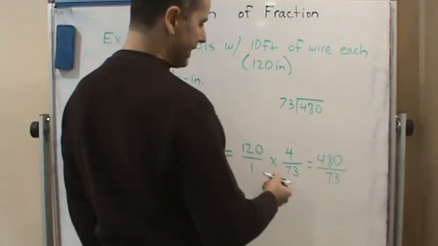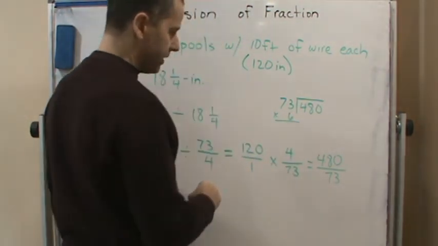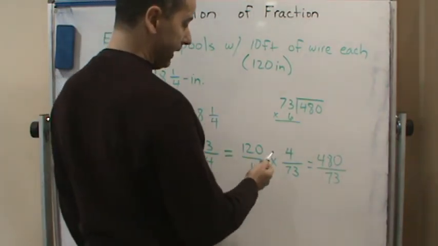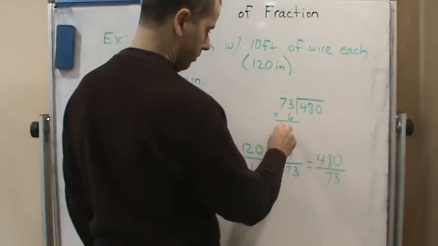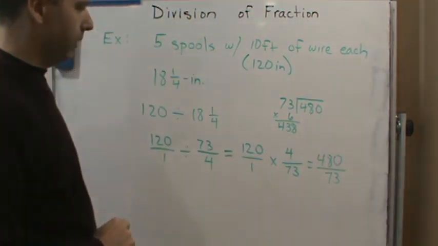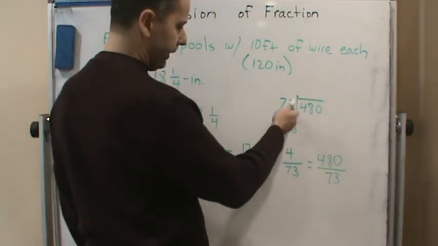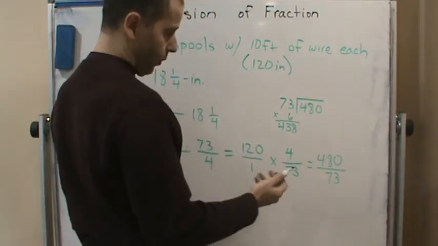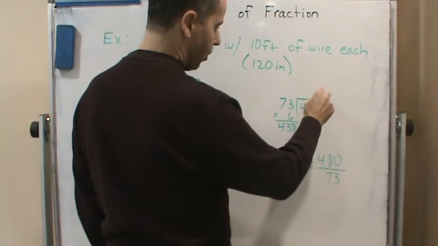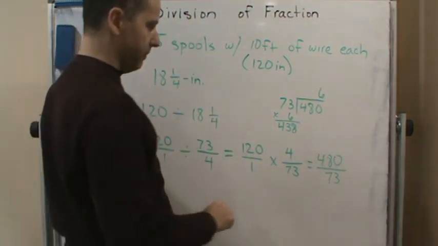So if I do 6 times 73, that's going to give me 438. 6 times 7 is 42, which is 420, plus 18 is 438. So the most that I'm going to get is 6 whole pieces, right?